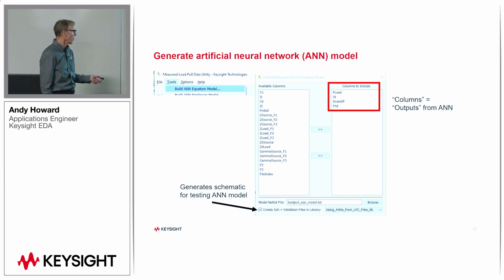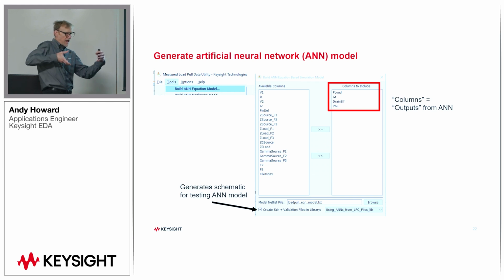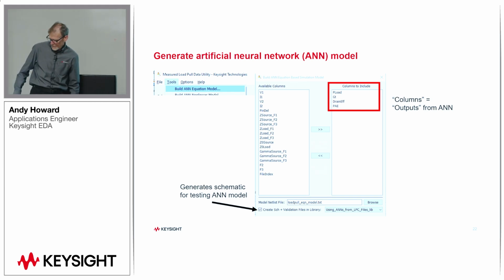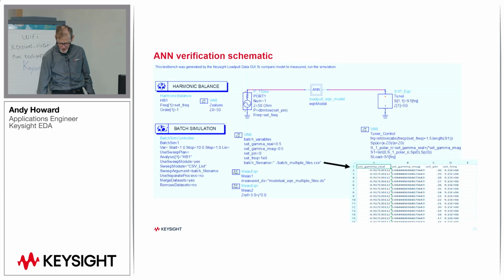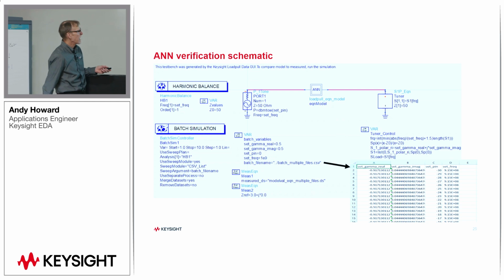If you select this, it'll automatically generate a schematic which will simulate the ANN model for you using the same inputs that were used when you generated the model. And then it'll do a comparison between the measured data and what the ANN thinks should be the outputs. And those should align pretty well. And that's this. This was generated automatically.